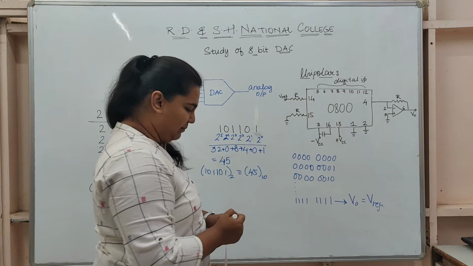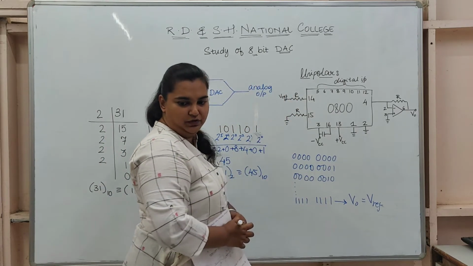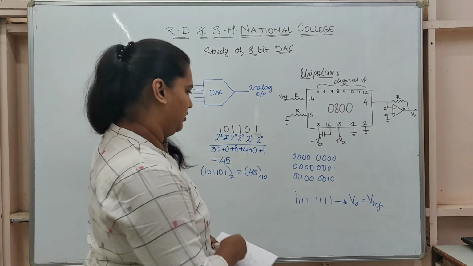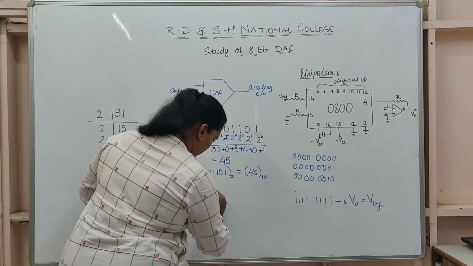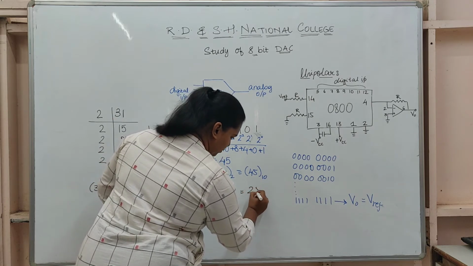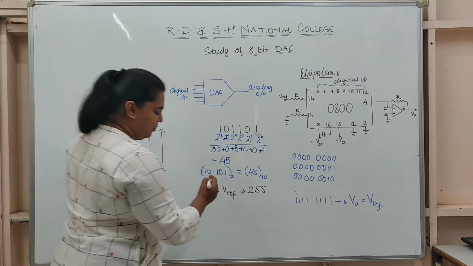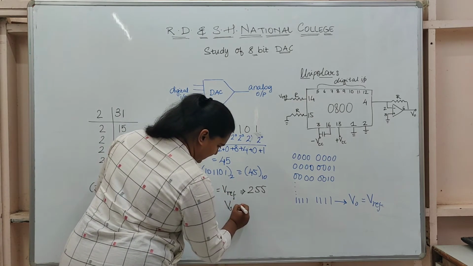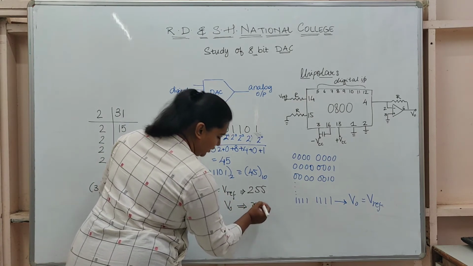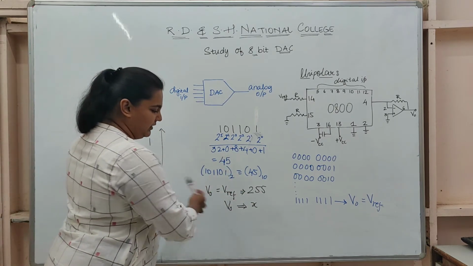Now when is this happening? When my digital inputs are equal to 255. So what I'll write here is V out is equal to Vref at 255. Suppose I want to know my V out at any other point which in decimal is X. How can we calculate this?